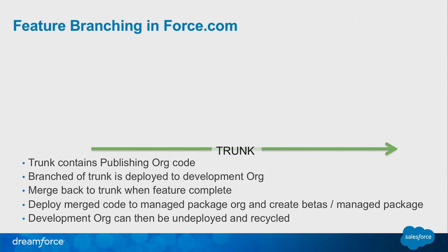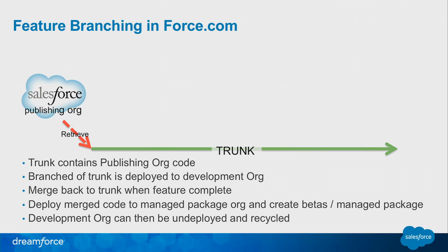So how do we do the branching in Force.com? Well, as I mentioned earlier, the trunk is the main sort of source branch in SVN. So that corresponds to our publishing org. So whenever we're going to create a branch, we just make sure that our trunk has been updated from the publishing org, so we have all the latest changes from that org.